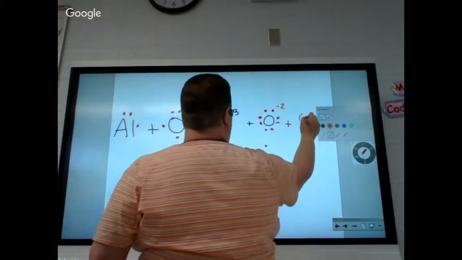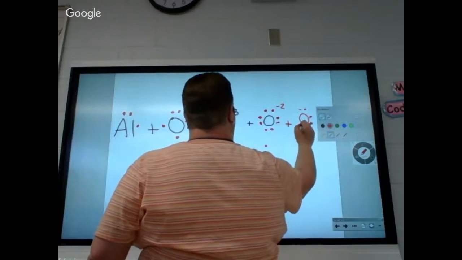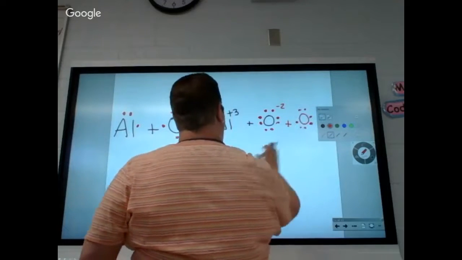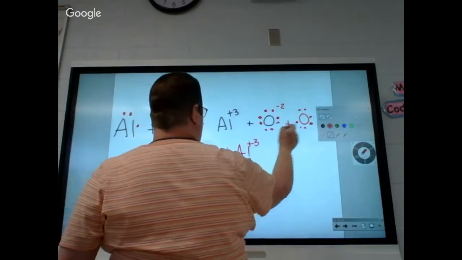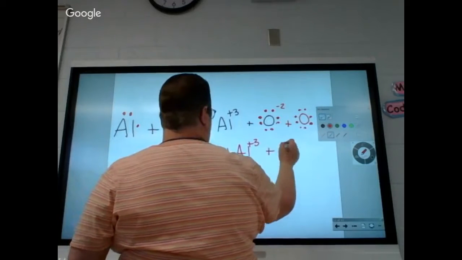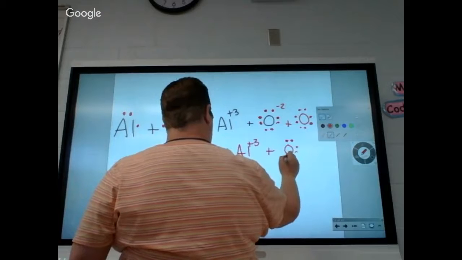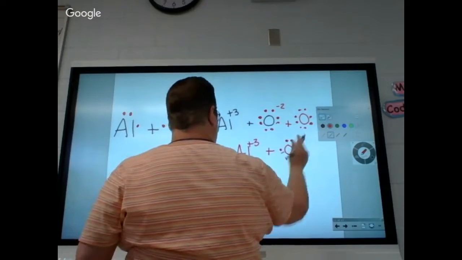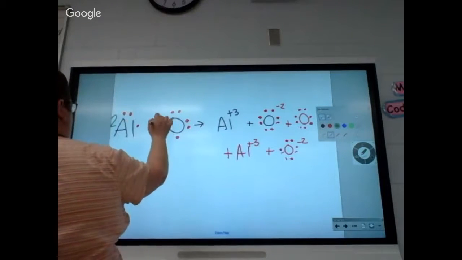So O can take one of those. That only gets you to 7, right? So you add another Al. It takes one, and then you have two left over. So you add another O, and it will take it. So you get 2 here and 3 there.